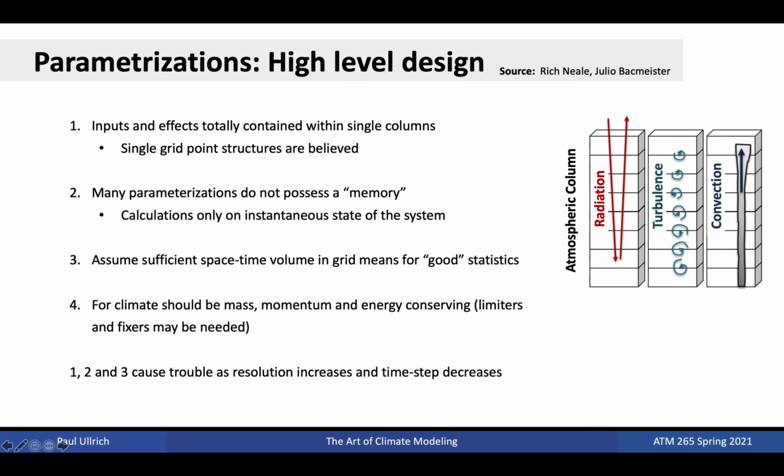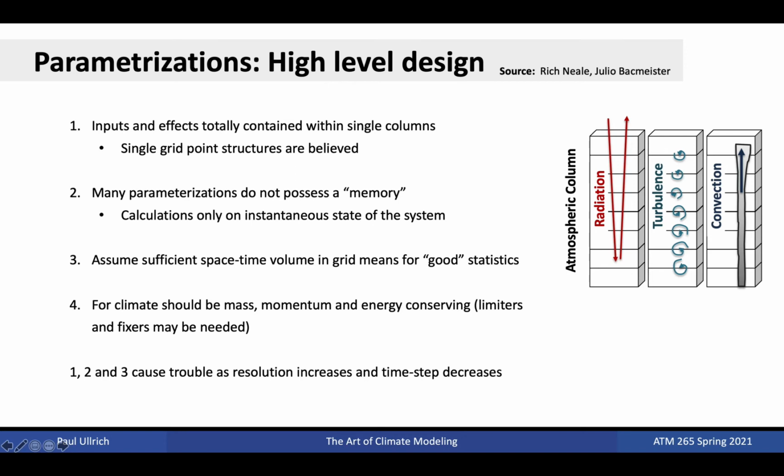And fourth, parameterizations are assumed to be mass, momentum, and energy conserving. Thus, no physical principles are broken when the parameterizations are run. These physical principles may not be baked into the schemes themselves, and so sometimes mass or energy fixers may be needed within the column to fix any problems caused by the parameterizations.